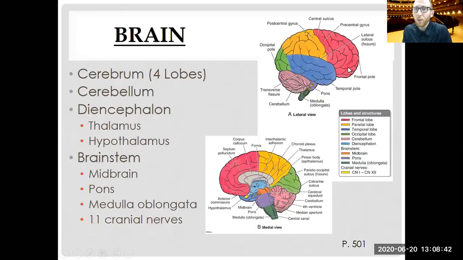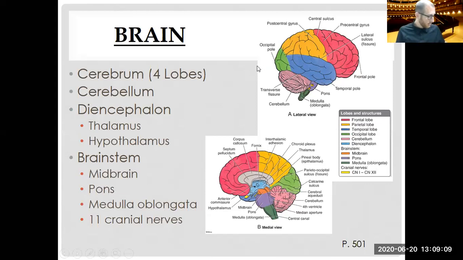And looking at the 4 lobes, if we were to look at it like this, most often the frontal lobe will be red or pink or something like that. It's just the color they seem to pick. The parietal lobe back here, temporal lobe in blue, and then occipital lobe in green.